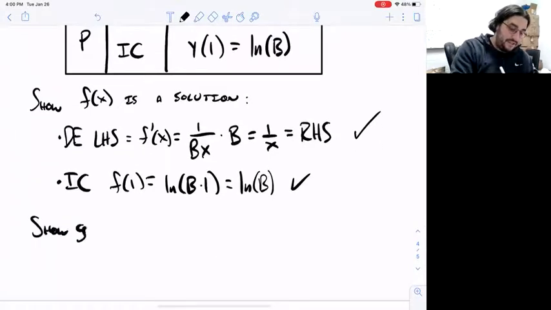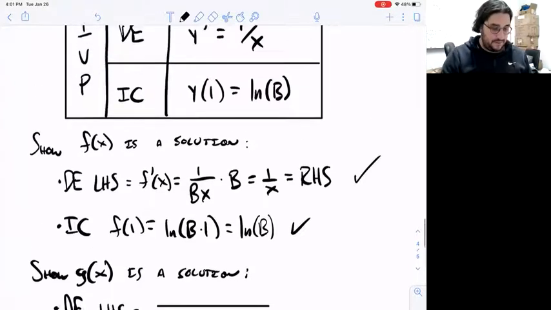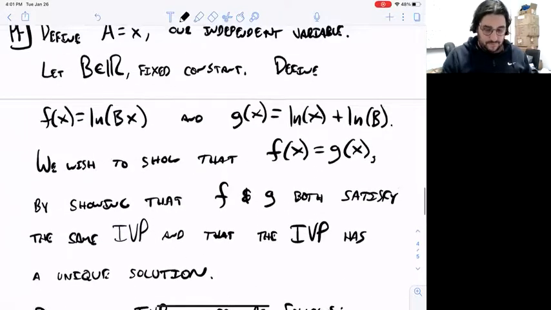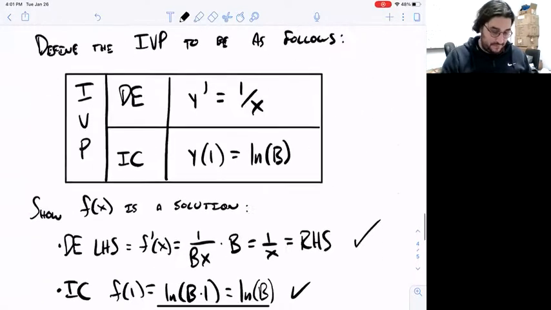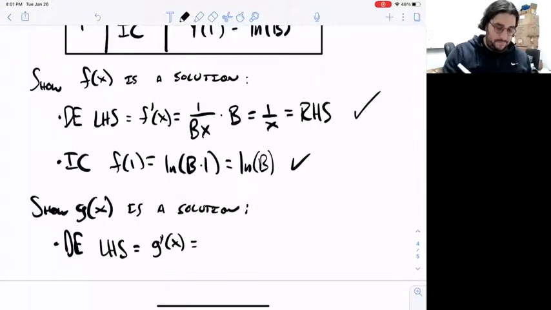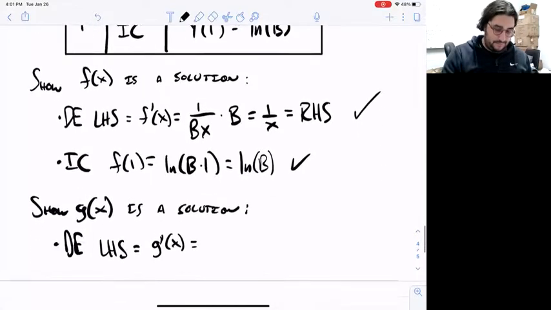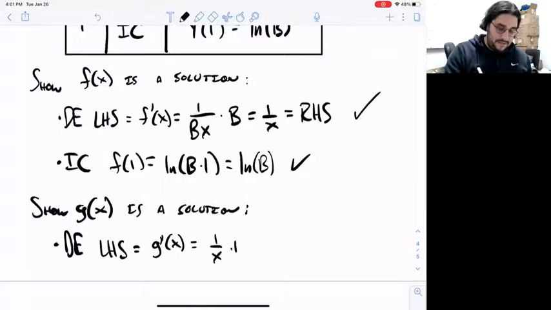Now I'm going to show that g is a solution. So the differential equation, left-hand side, is going to be now the derivative of g, right? So the derivative of g, that's just 1 over x plus 0.